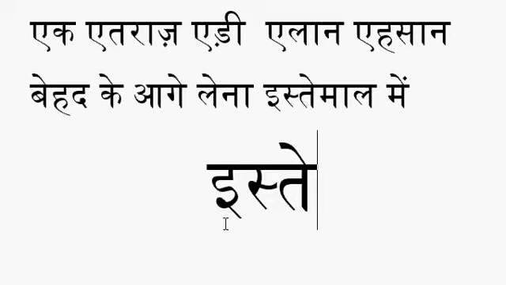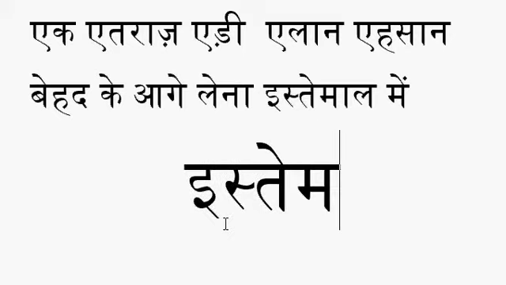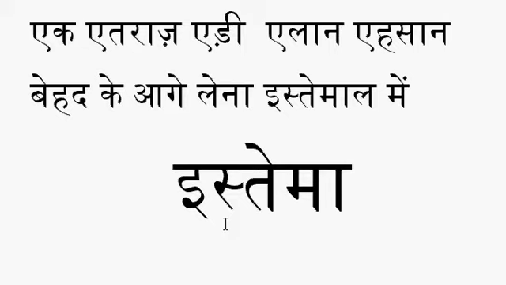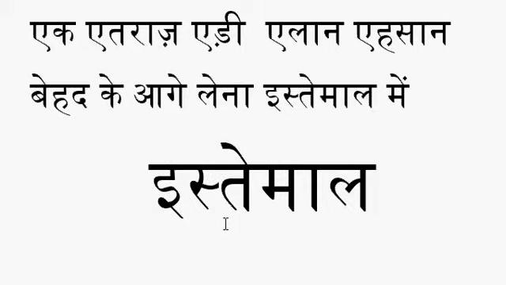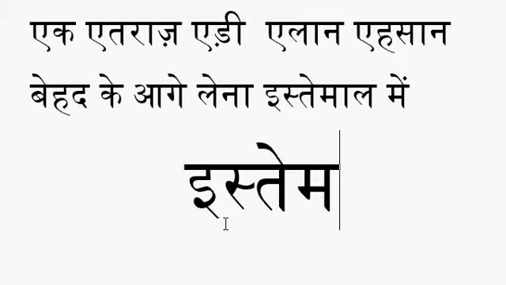So iste, ma, la: istemal. Istemal means to use. Istemal karna, to use. प्रचार काम में हम बाइबल इस्तेमाल करते हैं. In the preaching work, we use the Bible. Istemal.